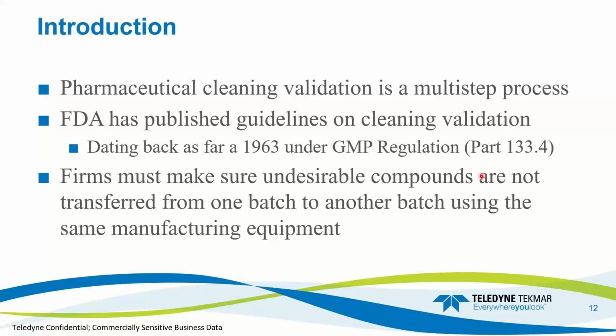The FDA has published guidelines on cleaning validations dating back to 1963 under certain regulations. Firms or drug manufacturers must make sure undesirable compounds are not being transferred from one batch to another using the same manufacturing equipment, because a lot of manufacturers make multiple different drugs in the same equipment. So they have to ensure the cleanliness between batches.